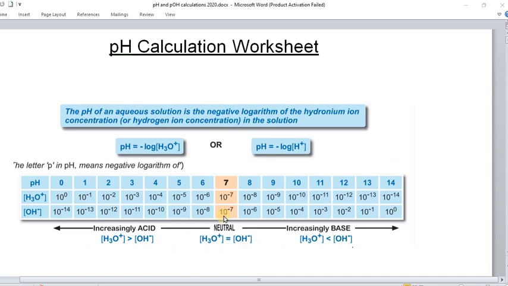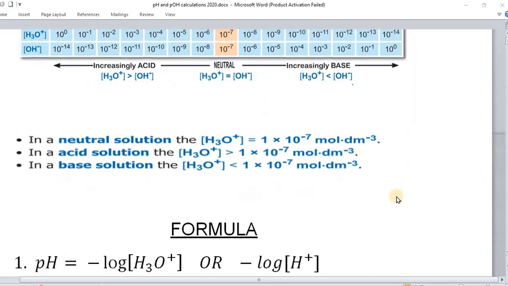As you move to your left towards 0, the acidity is increasing, whilst when you move to your right, the basicity is increasing. Okay. So this gives us a summary telling you that a neutral solution has a basic pH; the concentration is this.